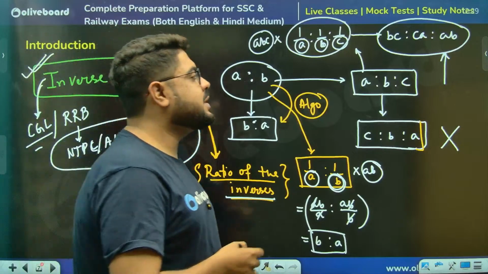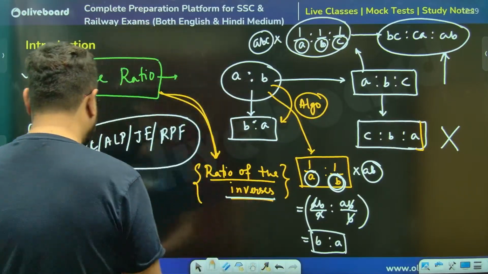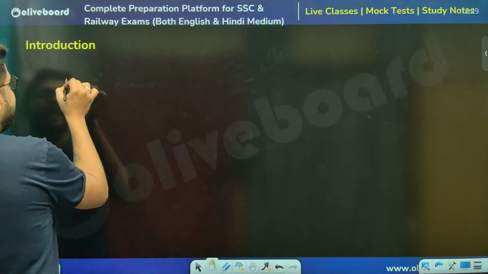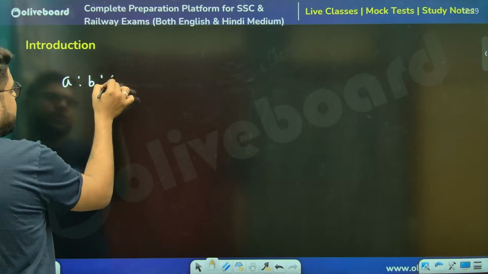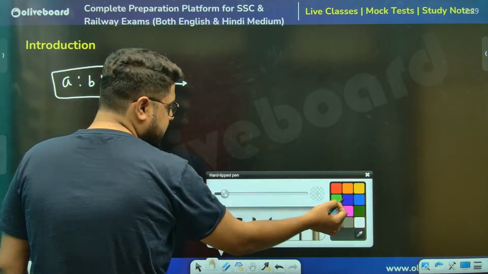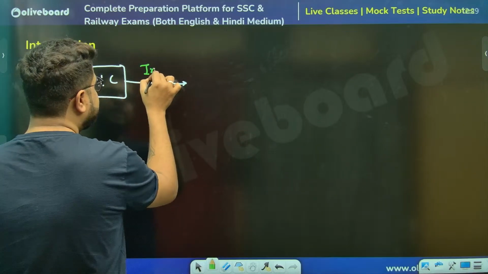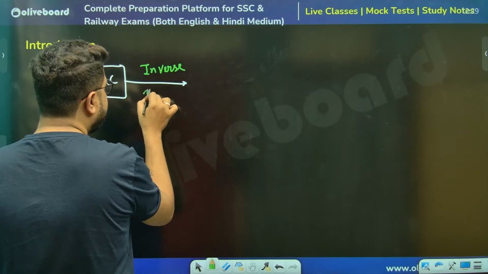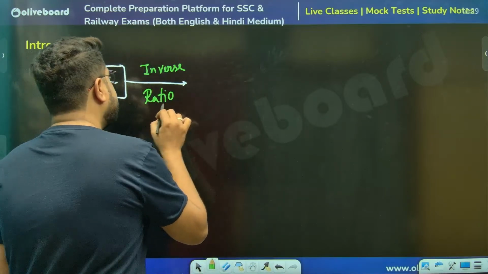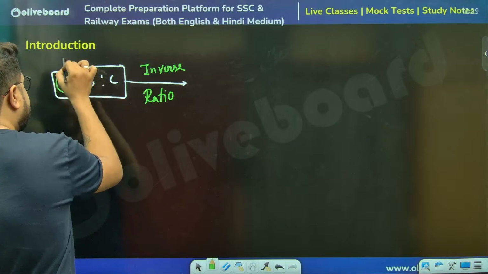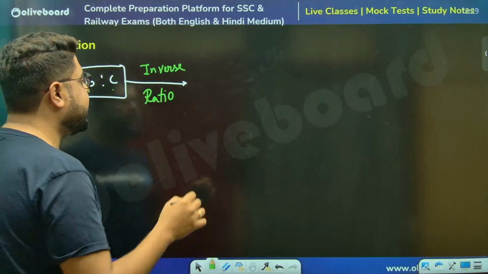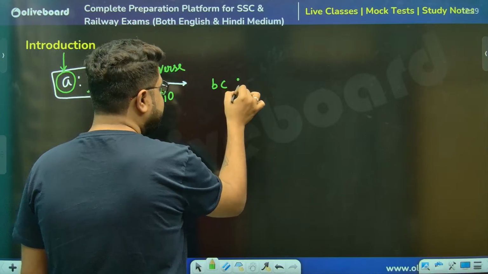Now, I'll give you a simple little shortcut. If you have a ratio like this and you need to figure out the inverse ratio, instead of A you write the other two multiplied, B into C, ratio.